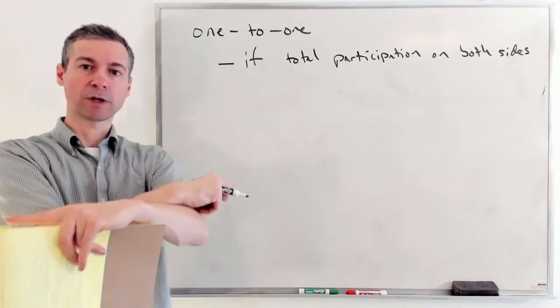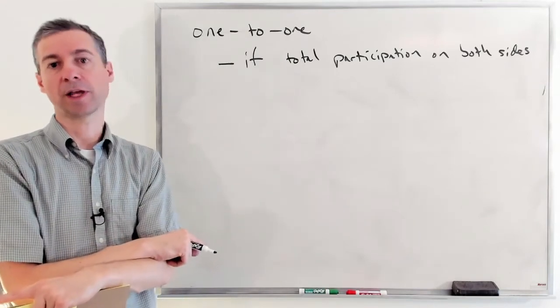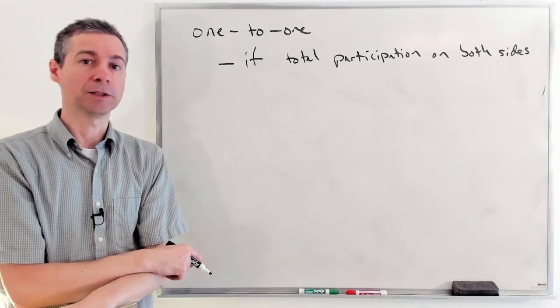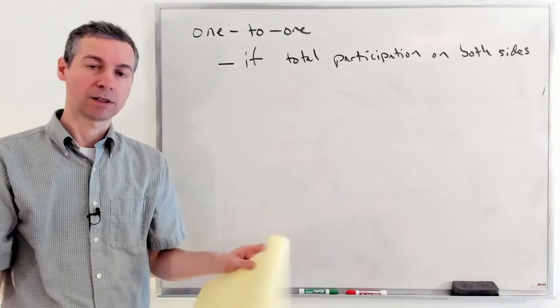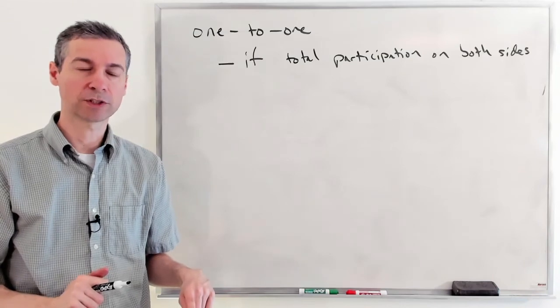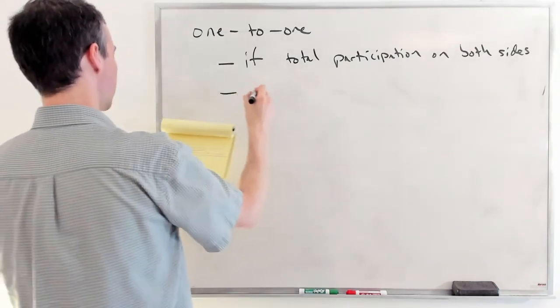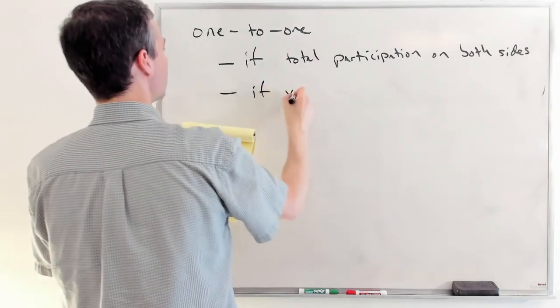Just stick those primary keys as foreign keys in the corresponding tables. All right, done. All right, you can just go ahead and get rid of that relationship set then.